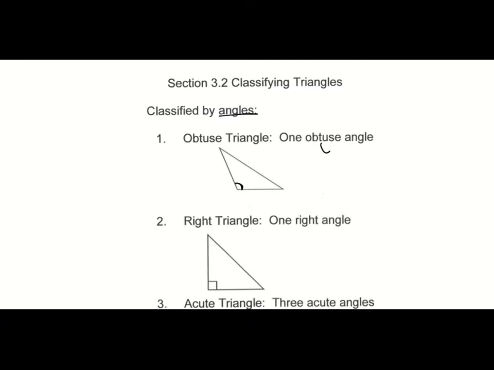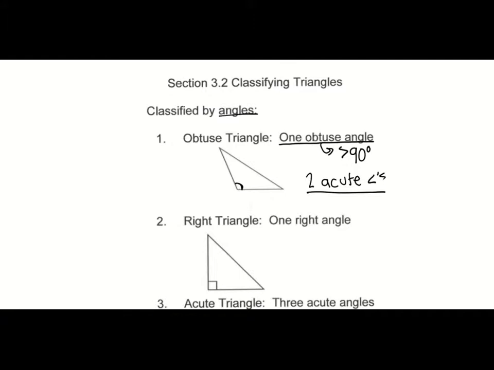Remember, obtuse means it is greater than 90 degrees. And in this triangle, you see we have one obtuse angle and then two acute angles. So one obtuse angle and two acute angles in our obtuse triangle.